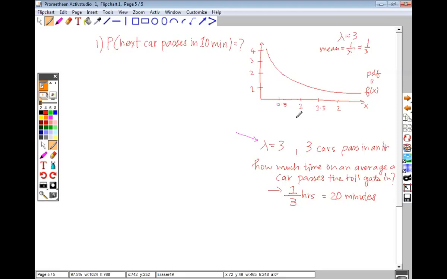Does anyone have any idea of how it will look like? I'm talking about the probability that my next car will pass in 10 minutes.